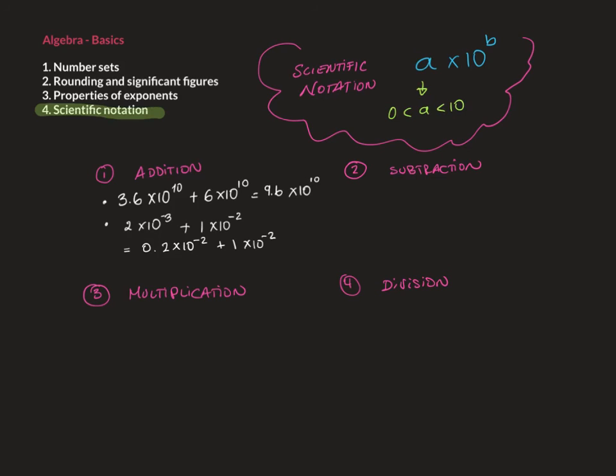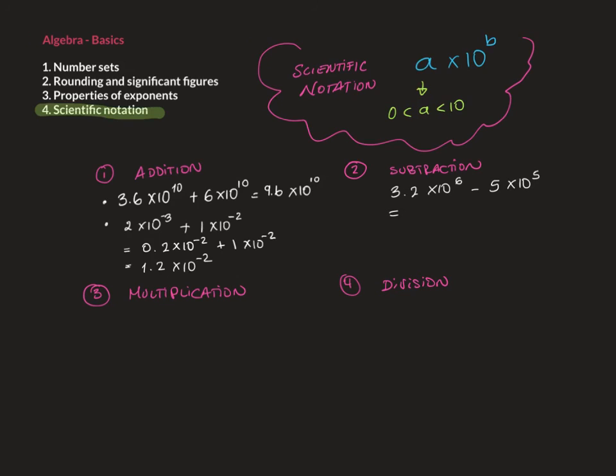So this way, 2 times 10 to the power of minus 3 changes to 0.2 times 10 to the power of minus 2. And now that the powers are the same, we can just add them normally. So this would be 1.2 times 10 to the power of minus 2.